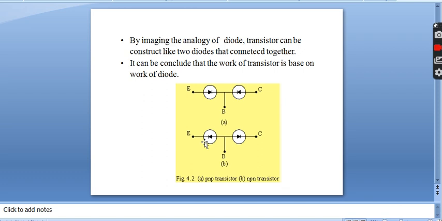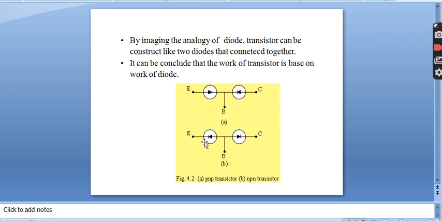How do we get these three terminals in a transistor? When we connect two PN junction diodes back-to-back, it forms a transistor. Look at the picture, the PNP transistor and the NPN transistor.